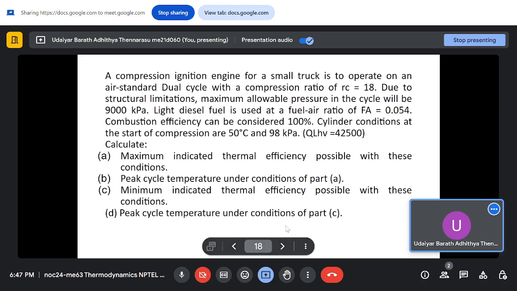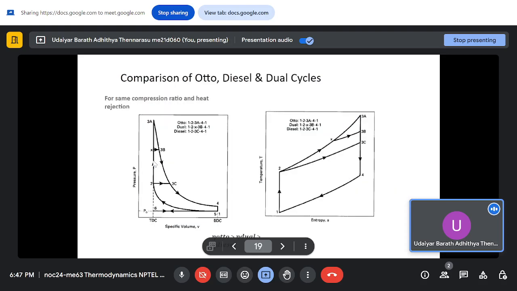Your limitation here is the 9000 kilopascal, and that limits what kind of cycle it will be. So in the first case you have to see a cycle with maximum thermal efficiency, and in the second case one with minimum thermal efficiency.